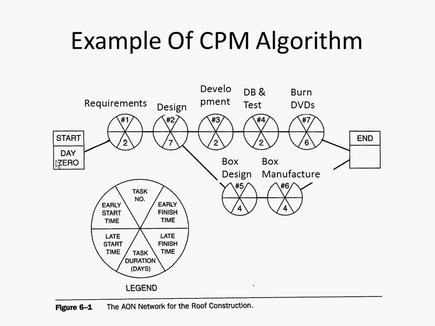What's the latest it could start then? 15. What's the latest this guy could finish without delaying the whole project? 15. What's the latest he could start without delaying the project? 11. Okay, good. I am going to work, for reasons that will come clear later, on the upper path now.